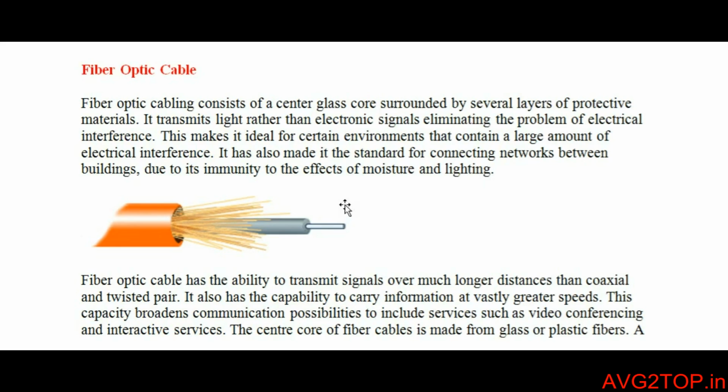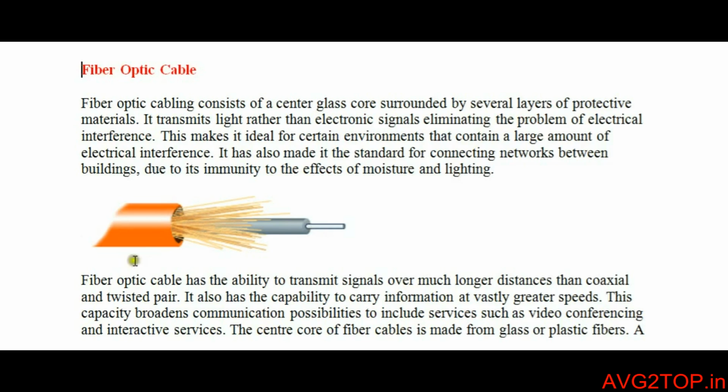The capacity of the communication extends to various services such as video conferencing and interactive services. The core is made of glass fiber, and if the signal is broken between the glass particles, it reflects internally, which makes sure the data reaches the receiver.